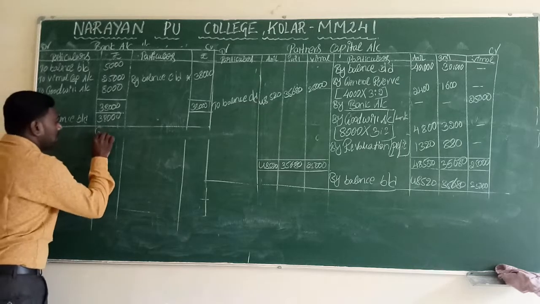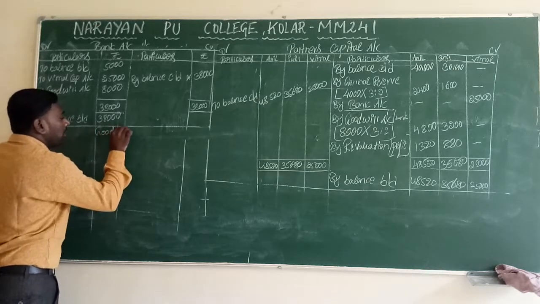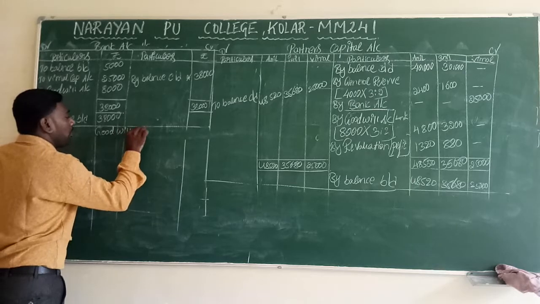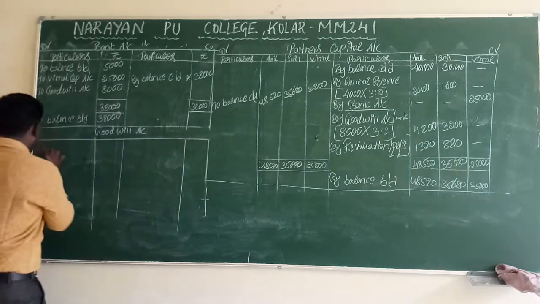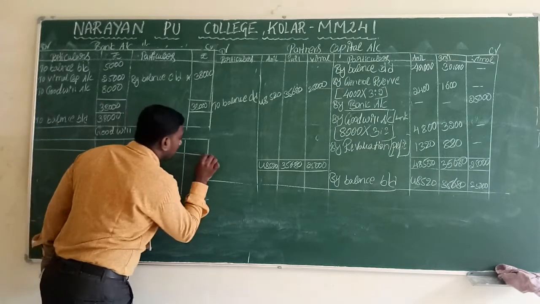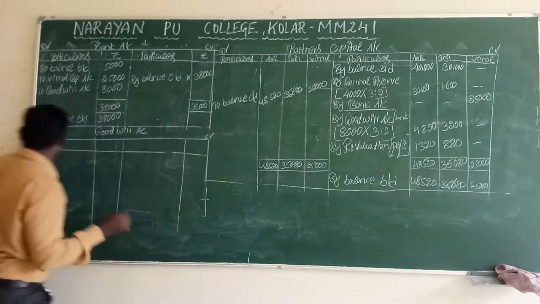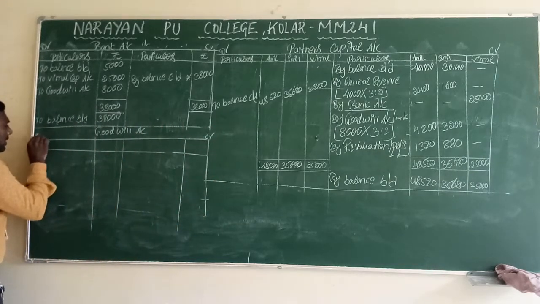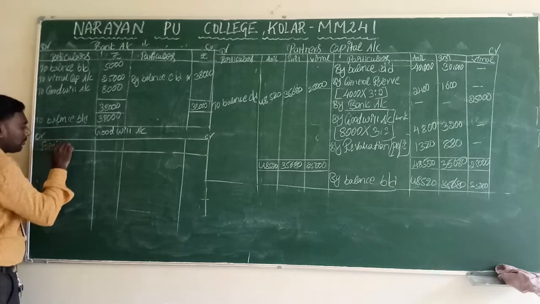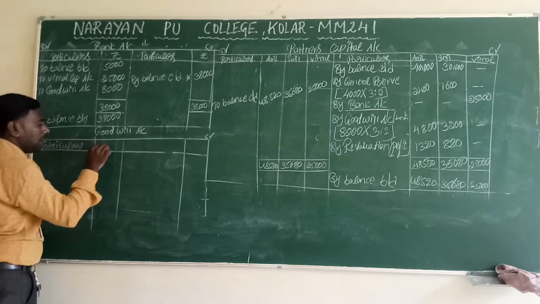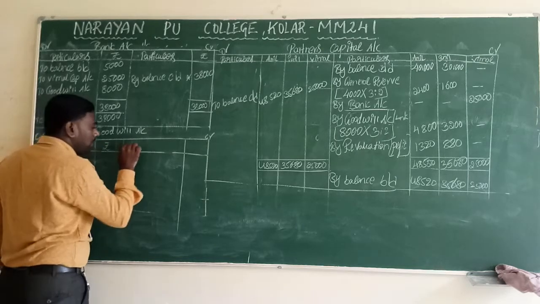The next account is the goodwill account. The columns we have to record in the same manner: debit, credit, particulars, amount, particulars, amount.